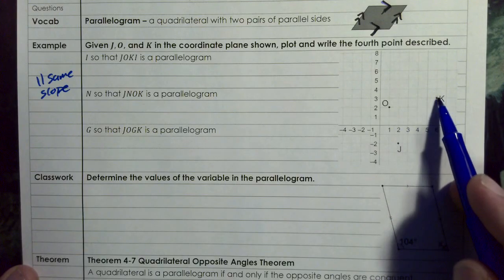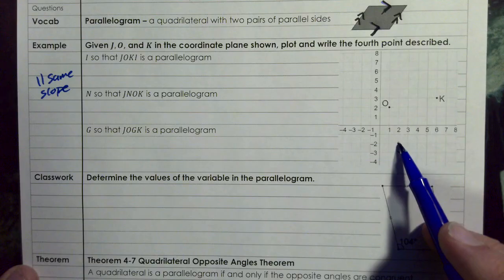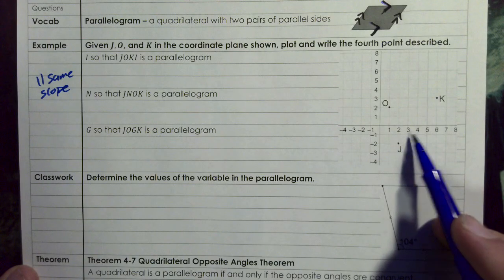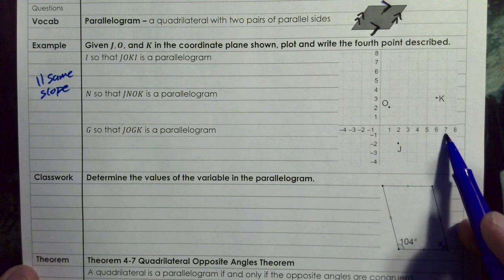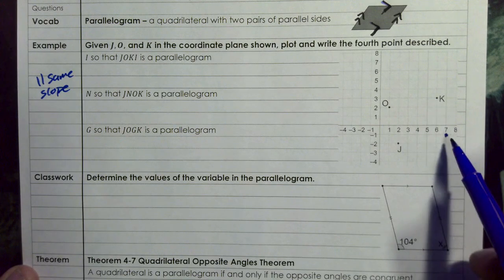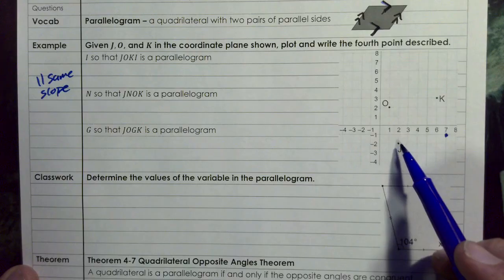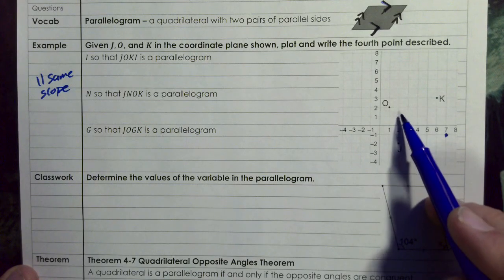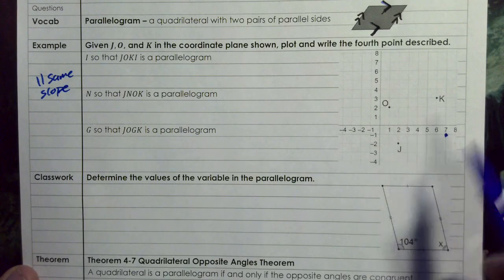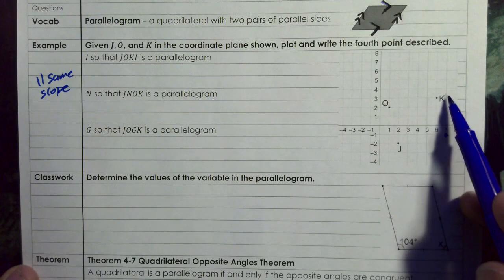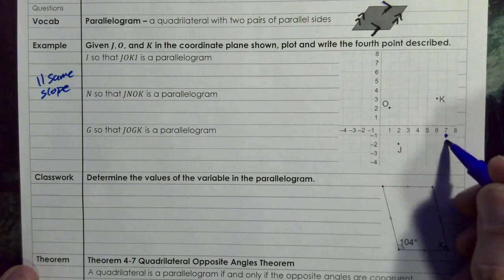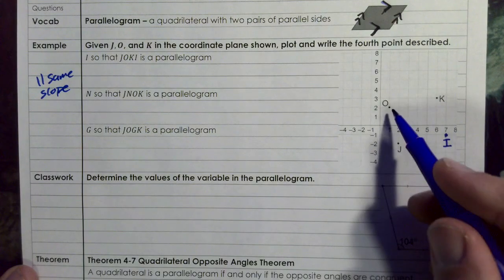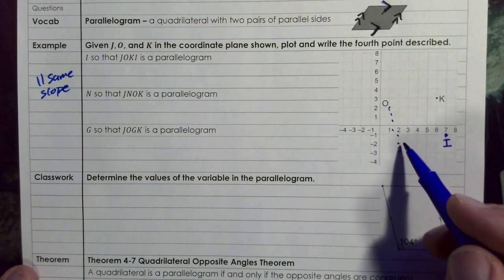So to I, I should go up 5 over 1. Then I should see a good slope that matches from JO, 4 over 1, 4 over 1. So this would be the location of I, making a parallelogram right here.